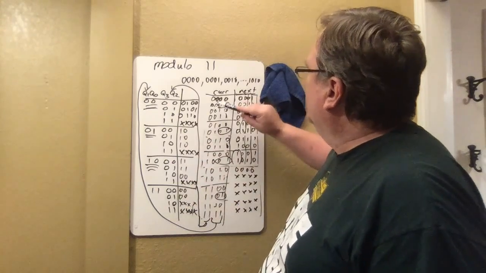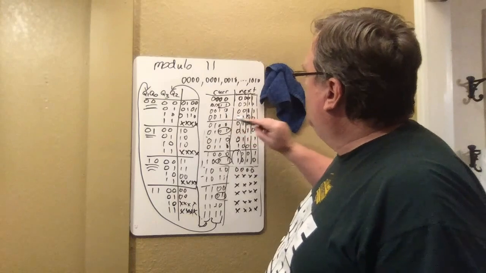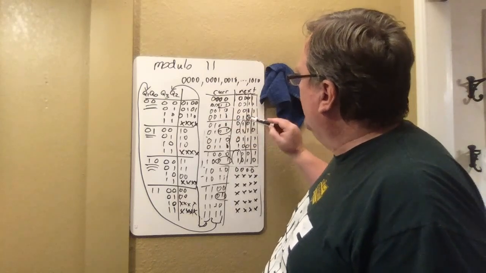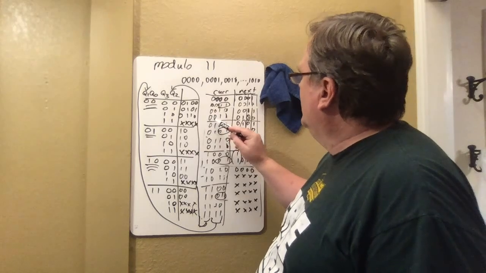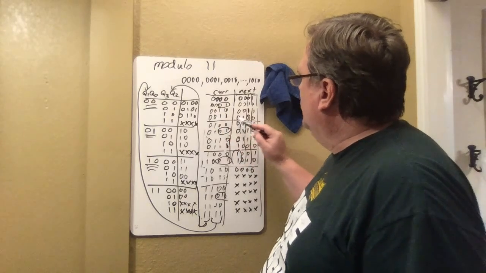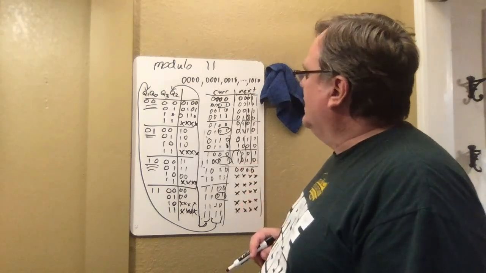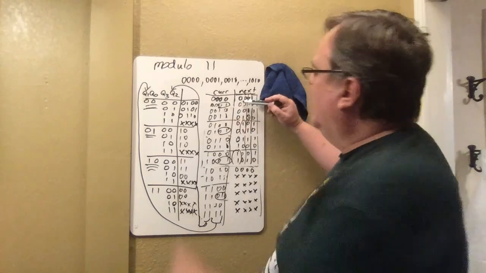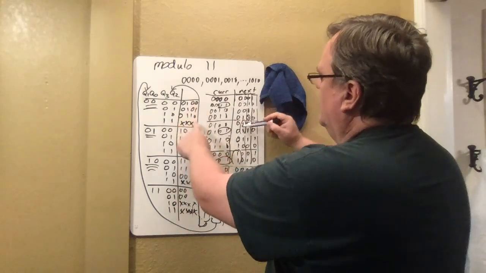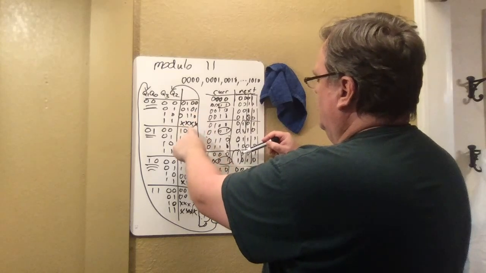So 0 goes to 0, but you'll notice at the end, this is where it flips over. My 0 goes to 1 on the very last one, so we get that kind of roll. On the very first one, I have 0, 1, and then 2.